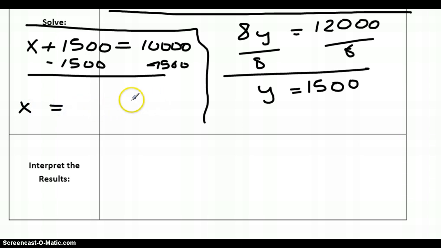Okay, so that gives me 8,500 if I just do that subtraction real quick. So that tells me that x was the number of $22 tickets that sold. So we sold, oops, not money right there. Sorry, I'm thinking about $22.